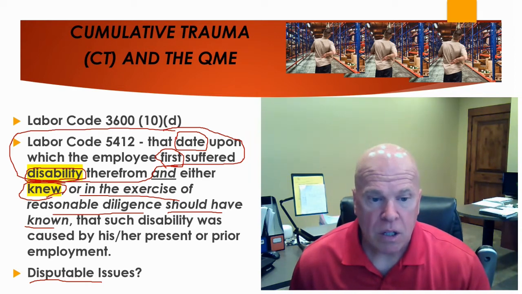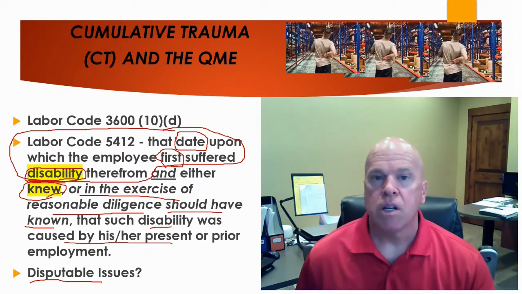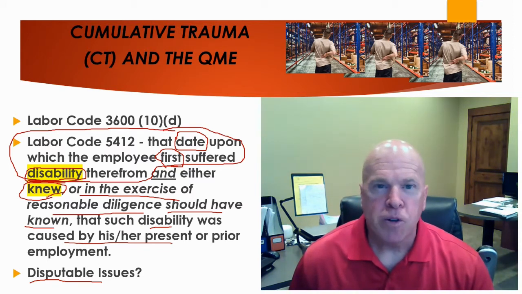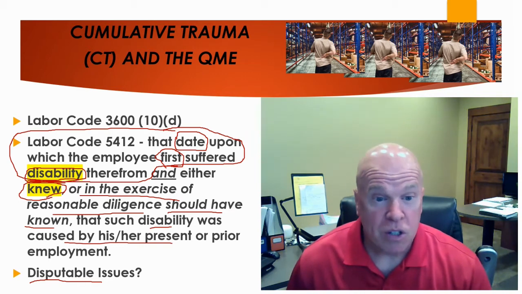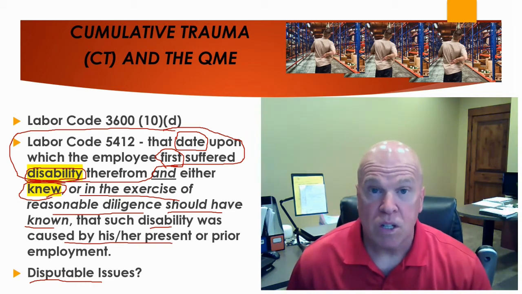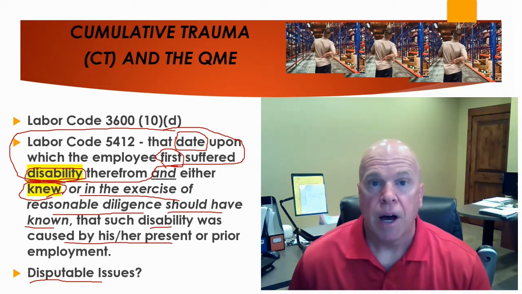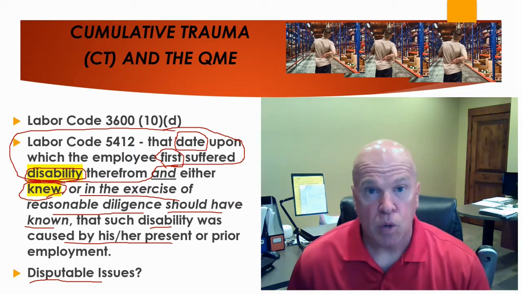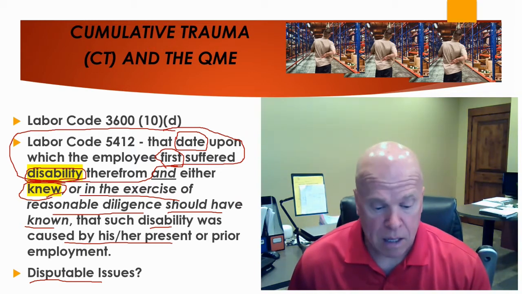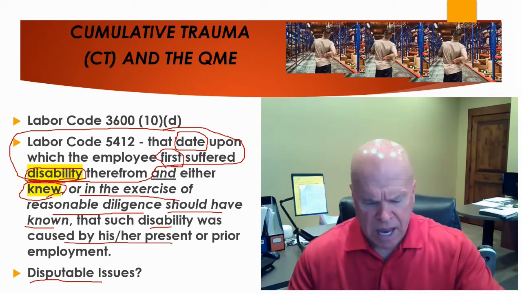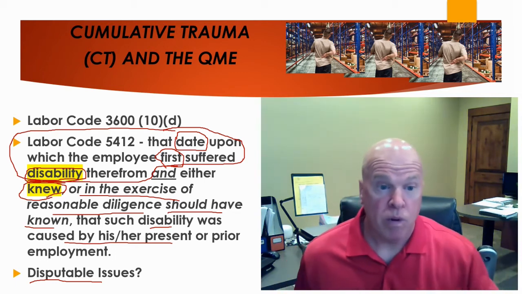The knowledge that the disability was caused by his or her present or prior employment. So as we review this simple code, which is simply one sentence, you can see that almost each and every word within this code raises the potential for dispute by the parties, and we're going to see that illustrated in these three cases that we review.